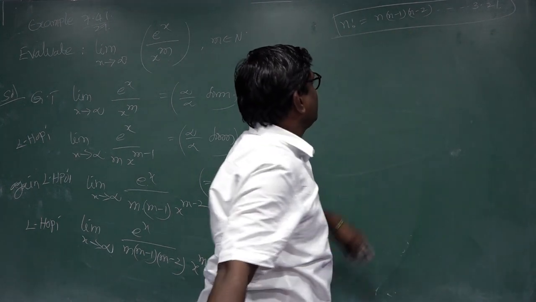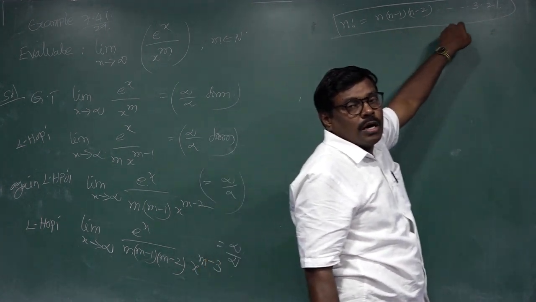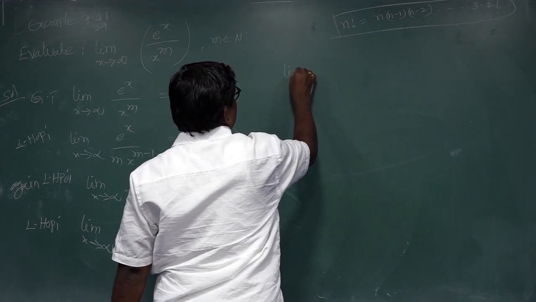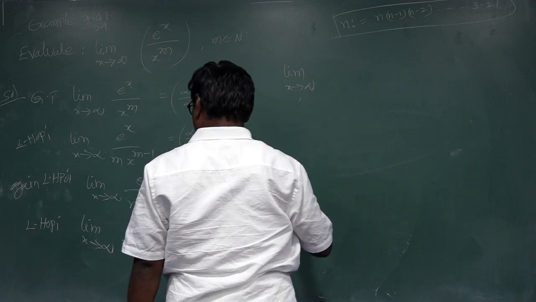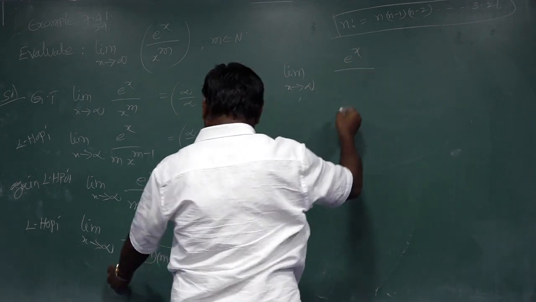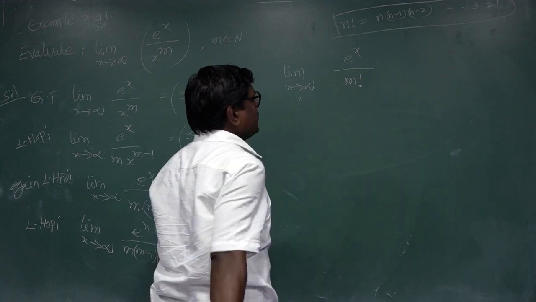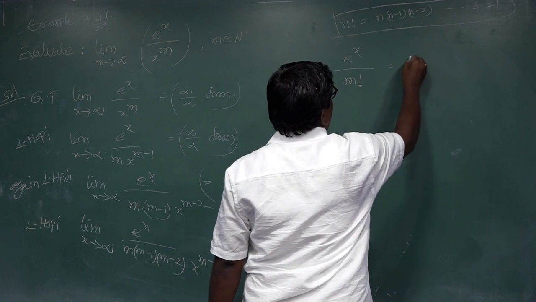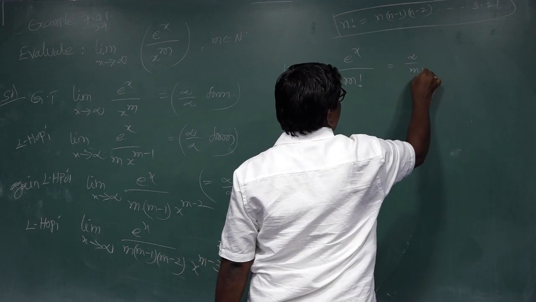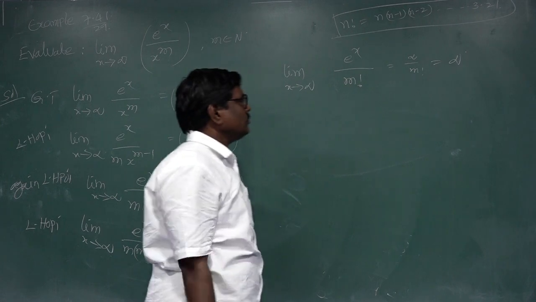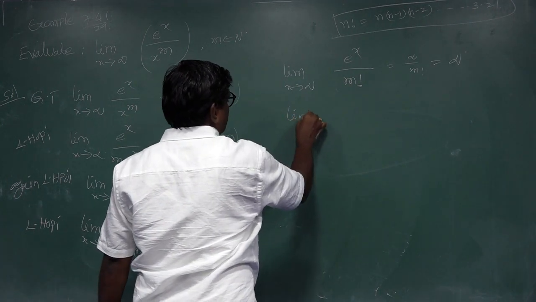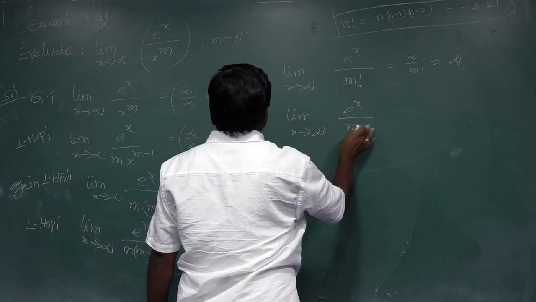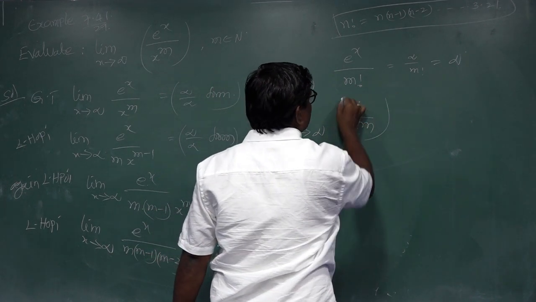So the limit as x tends to infinity of e power x by m factorial, with e power infinity, equals infinity by m factorial, which is infinity. Therefore the limit as x tends to infinity of e power x by x power m equals infinity.